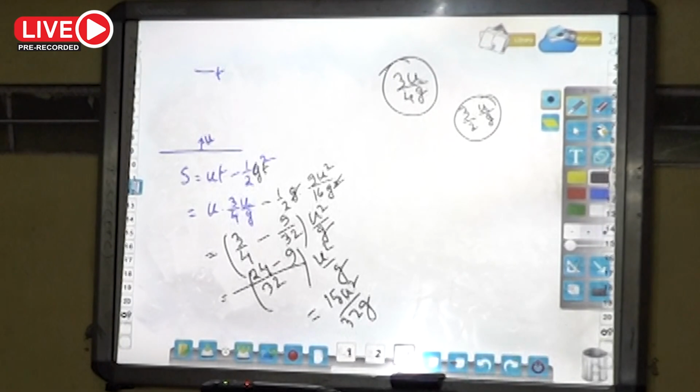Now second part, if the time given in the question is greater than time of ascent, then displacement can be calculated by this equation, means S equal to ut minus half gt square.